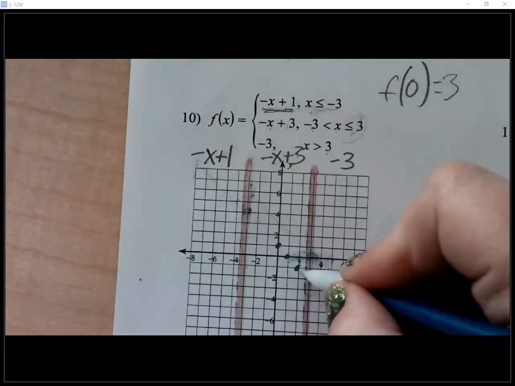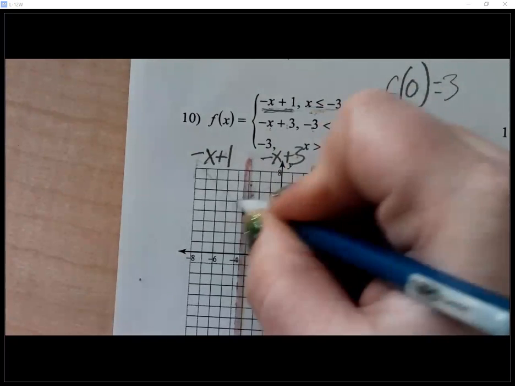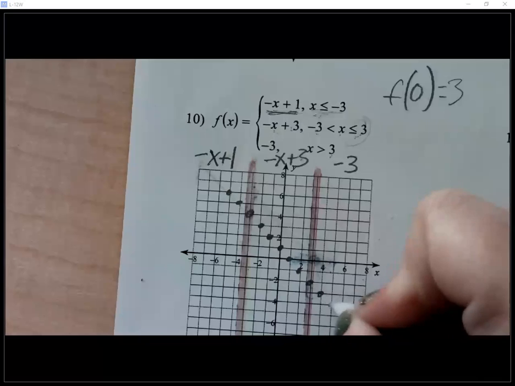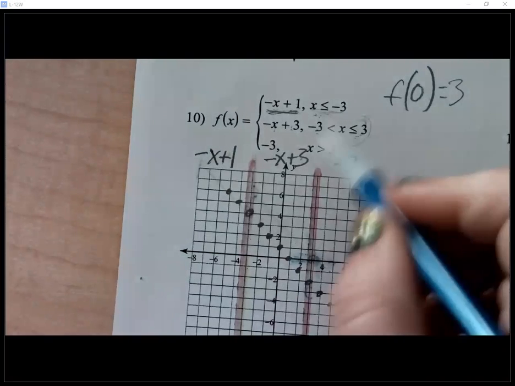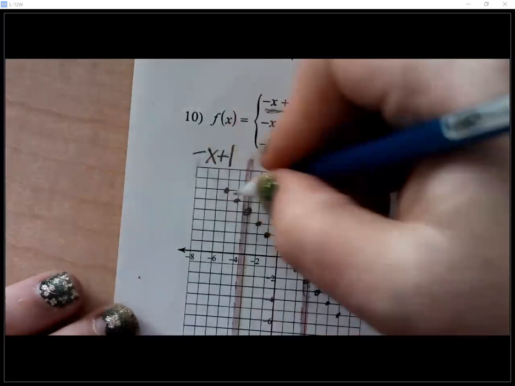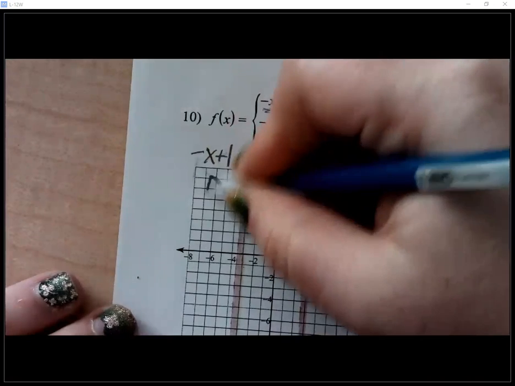The line, though, keeps going. Doesn't the line just keep going all around, right? The line just keeps going, keeps going, keeps going. But according to this, you only draw this line right here. That's the only piece of the line that gets drawn.